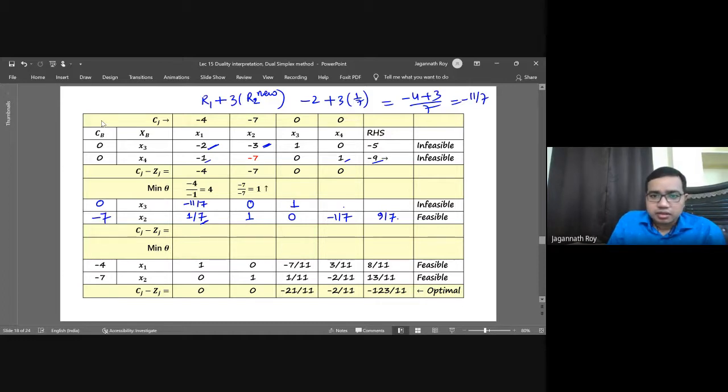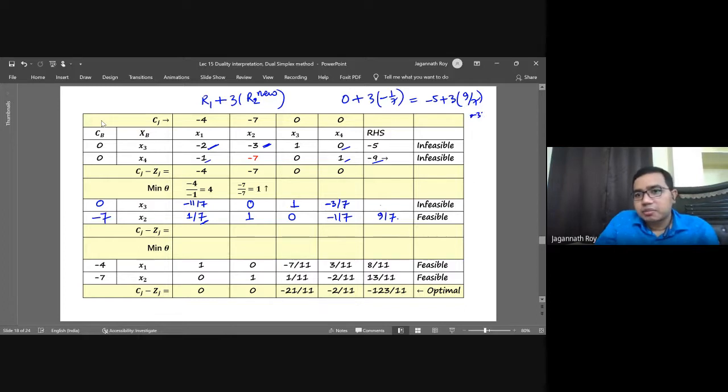And then here, 0 plus 3 times minus 1 by 7, so this is minus 3 by 7. How about this one? Minus 5 plus 3 times 9 by 7, so this becomes minus 35 plus 27 by 7, which is negative 8 by 7. So it still remains infeasible.